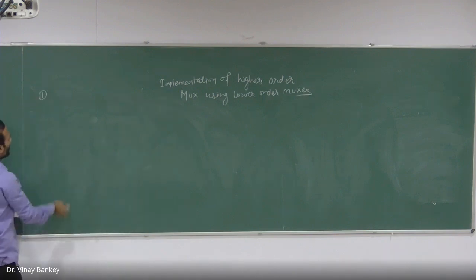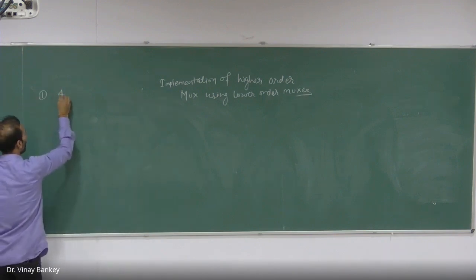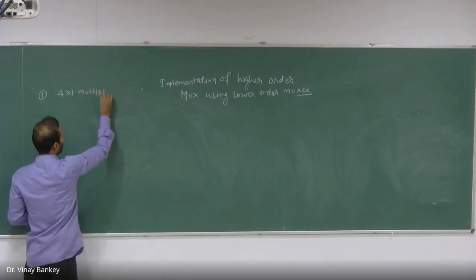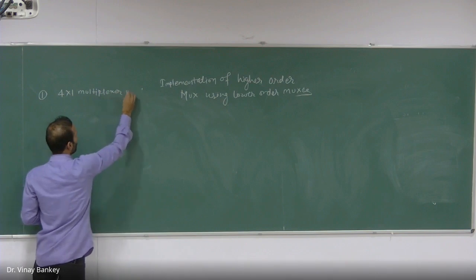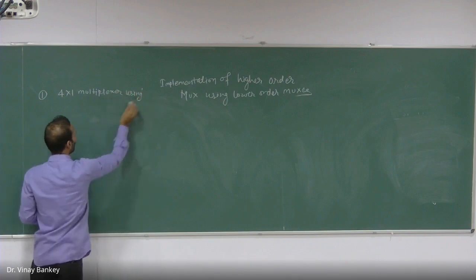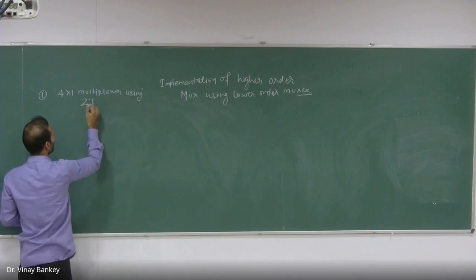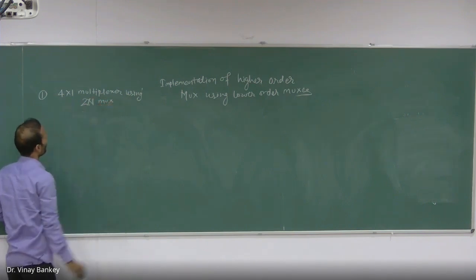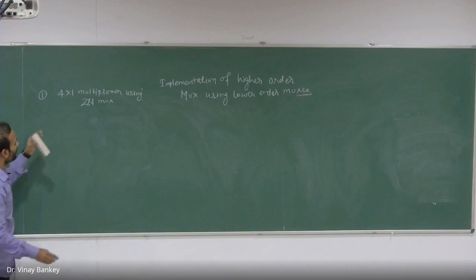So the first question is realize or implement 4x1 multiplexer using 2:1 multiplexer. They both are same. Okay, if you write 4x1 or 4:1, both are same.